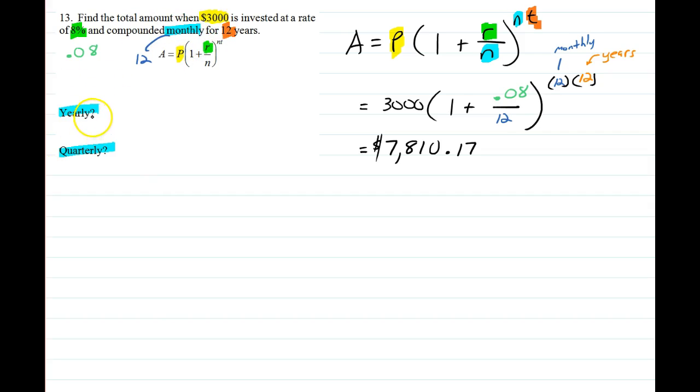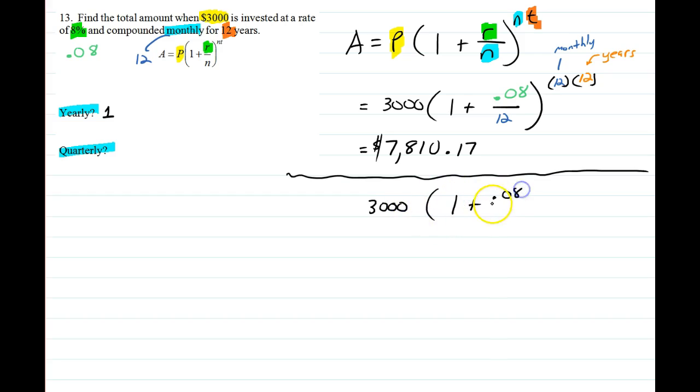Now let's do yearly. And so yearly means it's only going to be compounded once. So everything's the same, except now we're just going to change the blue. We're going to change that to 1. So it becomes 3,000, 1 plus 0.08 over 1 to the 1 times 12.